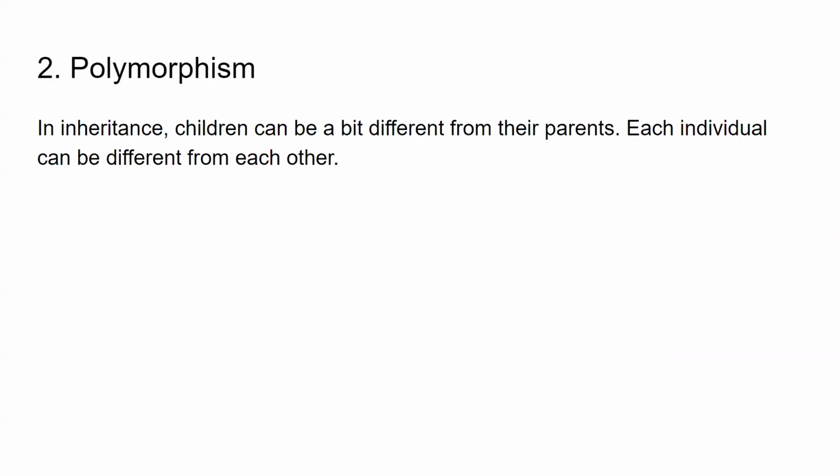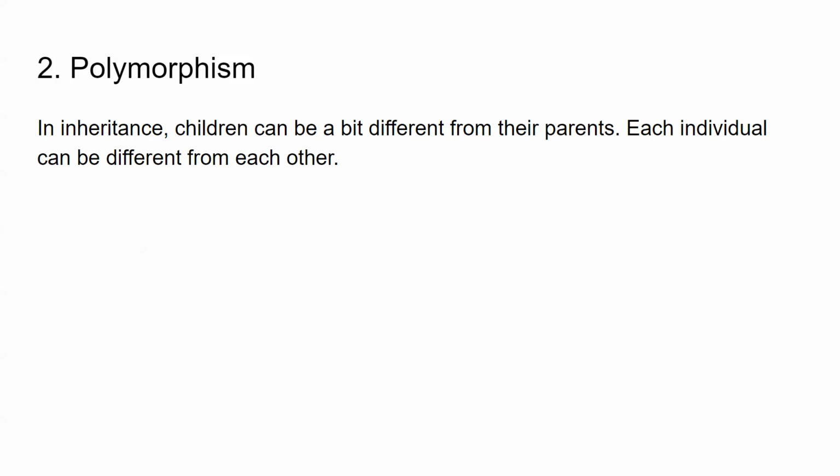Yeah. So we will talk about polymorphism. Polymorphism is when you do inheritance, you basically have the same features from the parents, but you may be slightly different from your parents. Something changed. You are not copying all of the stuff from the parents.